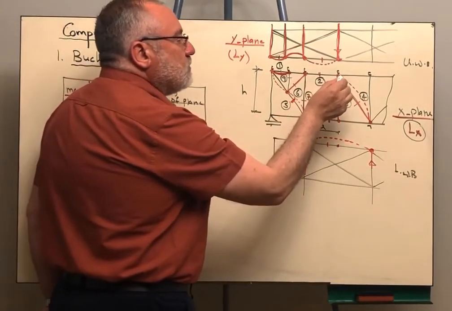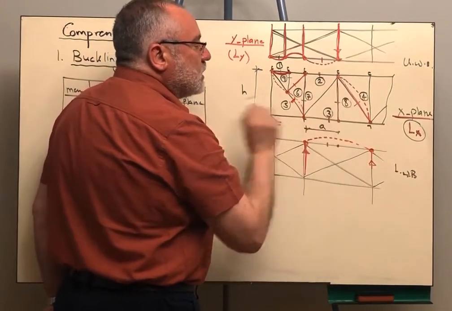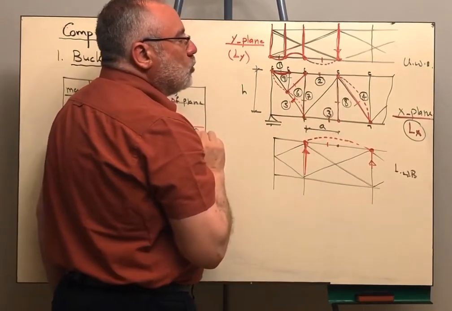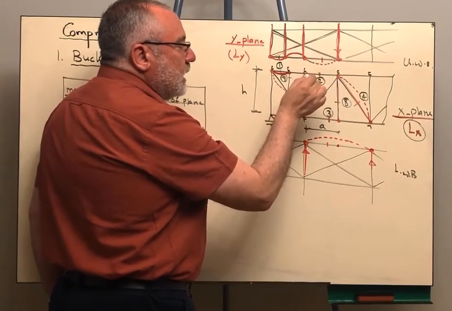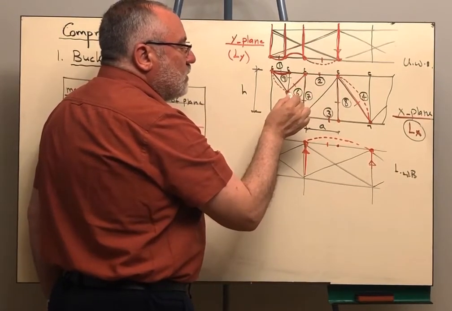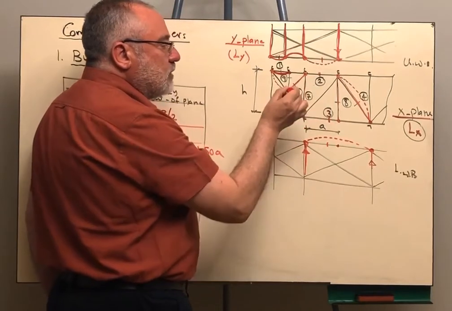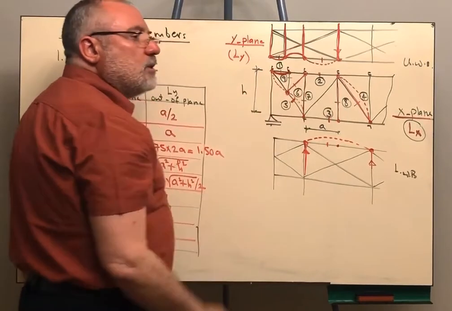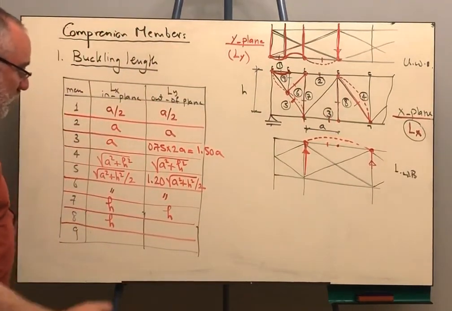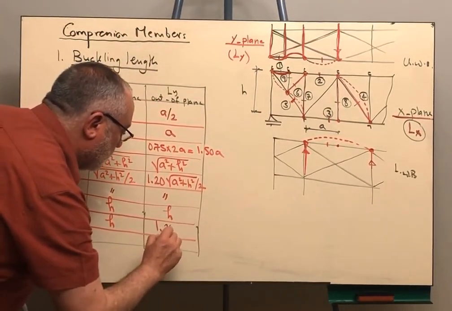As long as you are having one end braced and the other unbraced, you take 1.2 of the length. Exactly like member 6. Member 6, this end is braced and this end is unbraced because I have no struts that are holding the member in the out of plane, then it will be 1.2 of that length. Here it is 1.2 of h.